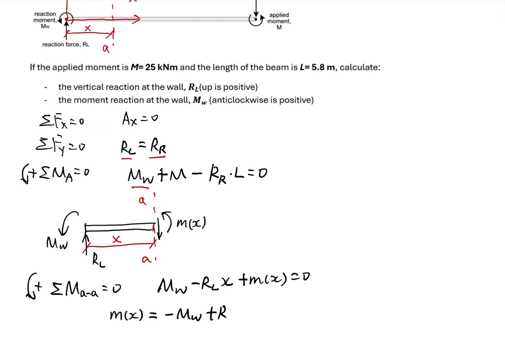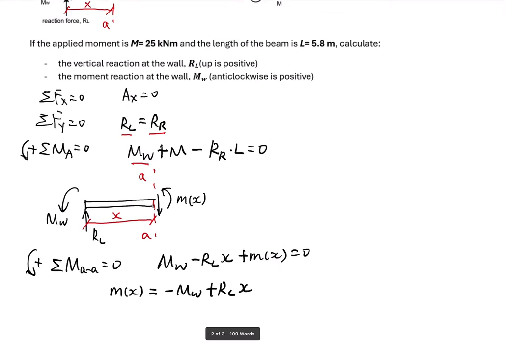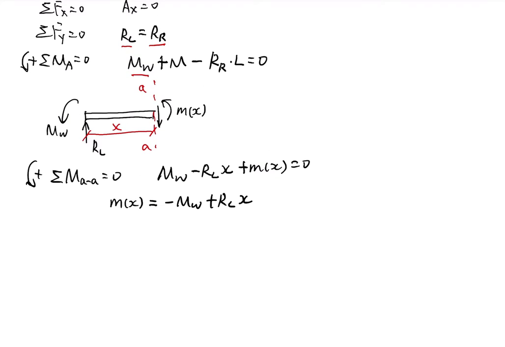plus RL x. Once we know this internal bending moment, we know that for the elastic beam we have derived the equation d squared y over dx squared equals mx, the internal bending moment, over EI.